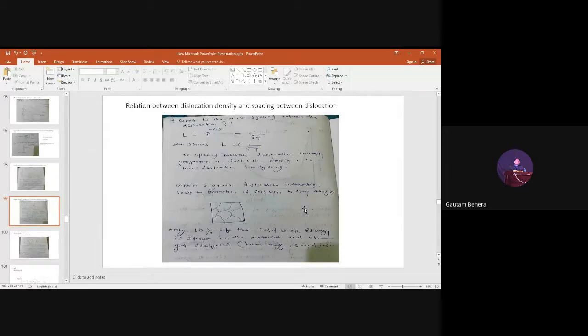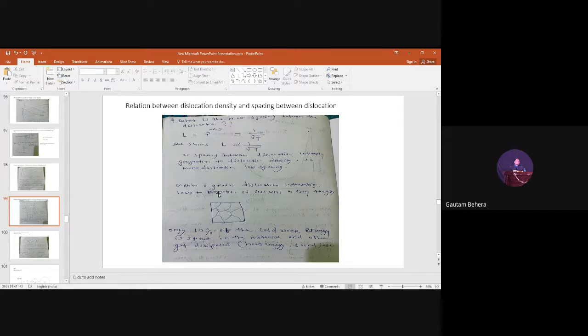When the dislocations increase, they contain strain energy, so a lot of strain energy will be inside the material, but the material does not want that. So the dislocations try to arrange themselves in a particular fashion. That leads to the formation of dislocation cells, the formation of cell walls.